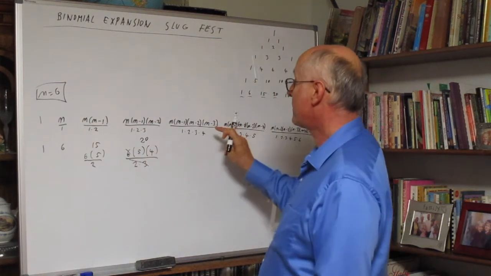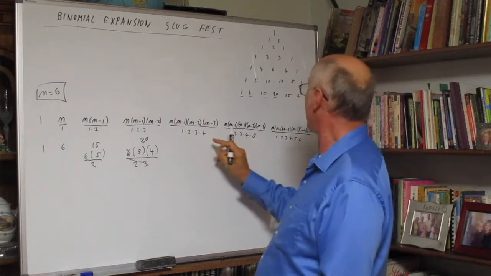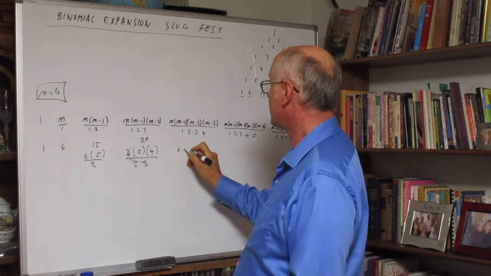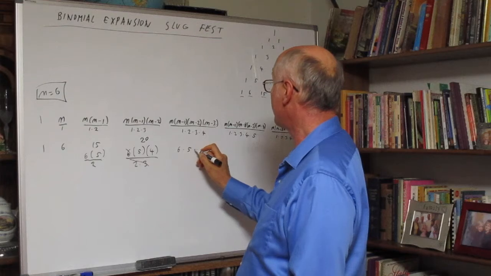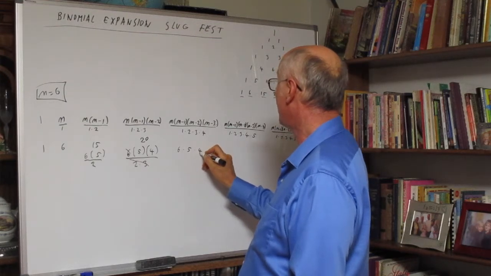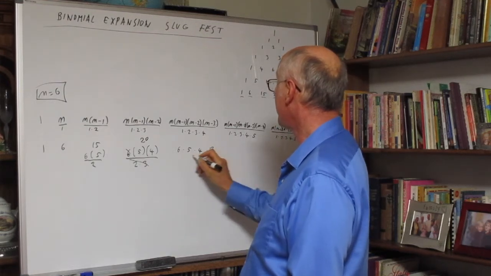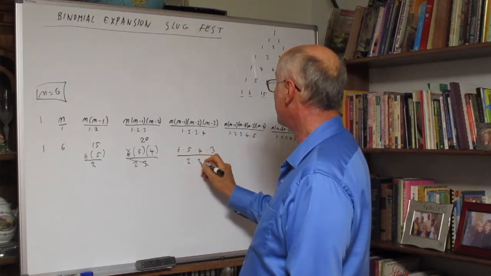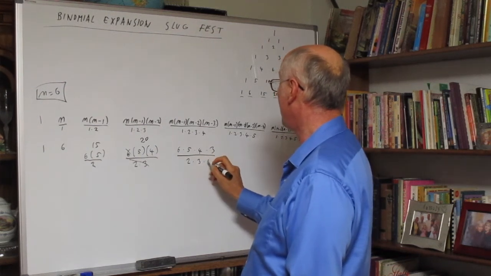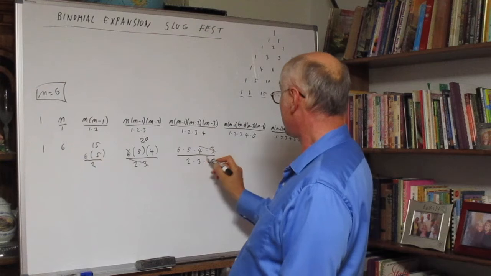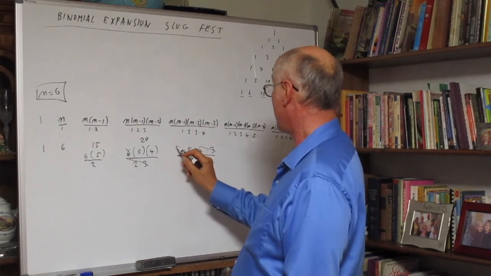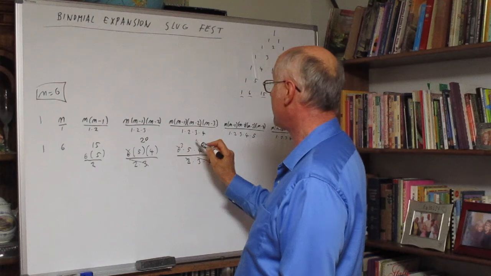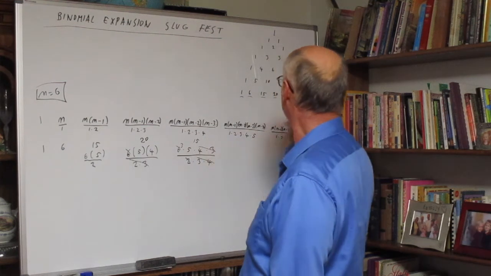Next factor, this one here: 6 times 5 times 4 times 3 over 2 times 3 times 4. Well, that's 3 times 5, which is 15.